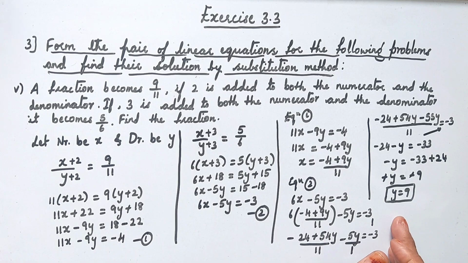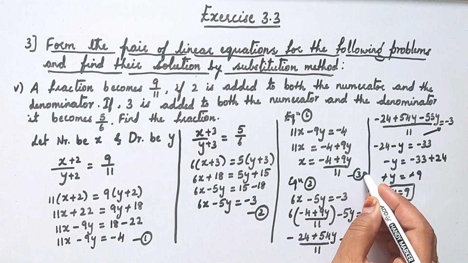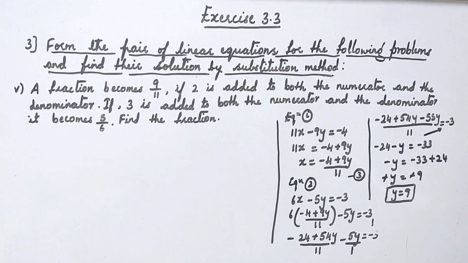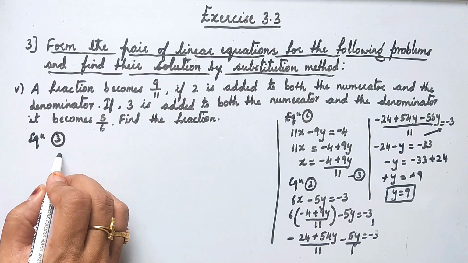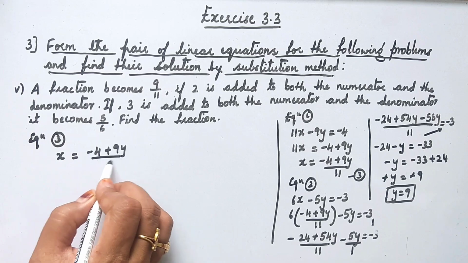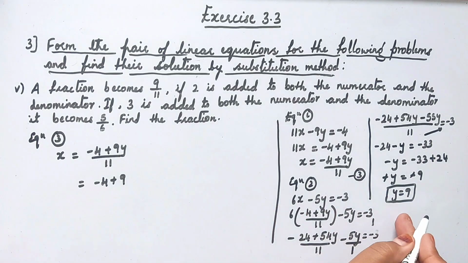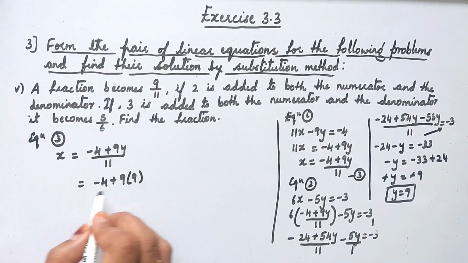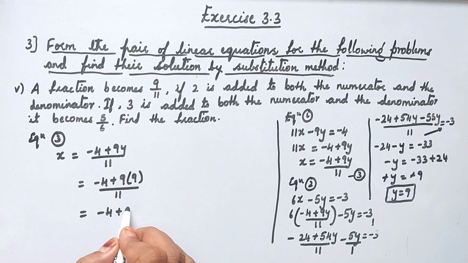Okay, I got the value of y equal to 9. I'm going to substitute this in equation 3, students. Equation 3 is x equal to minus 4 plus 9y upon 11, equal to minus 4 plus 9, the y value we got, that is 9, whole divided by 11, equal to minus 4 plus 9 nines are 81 upon 11, students.